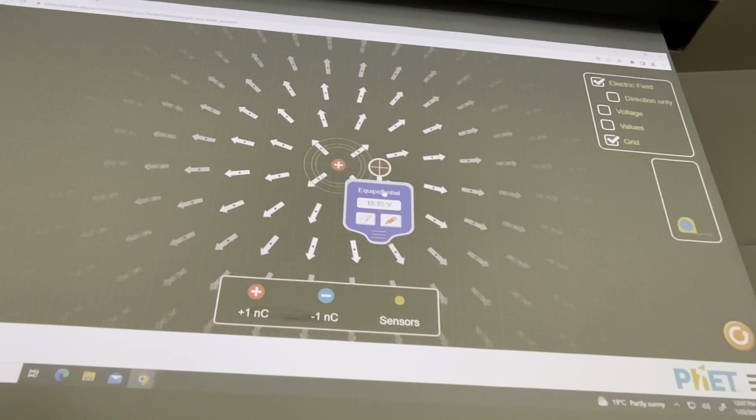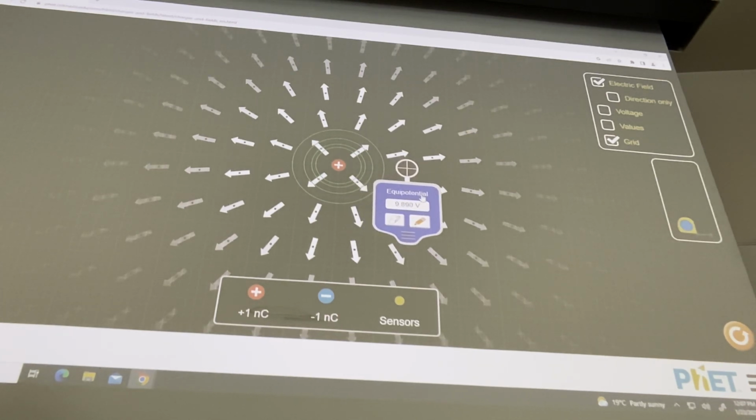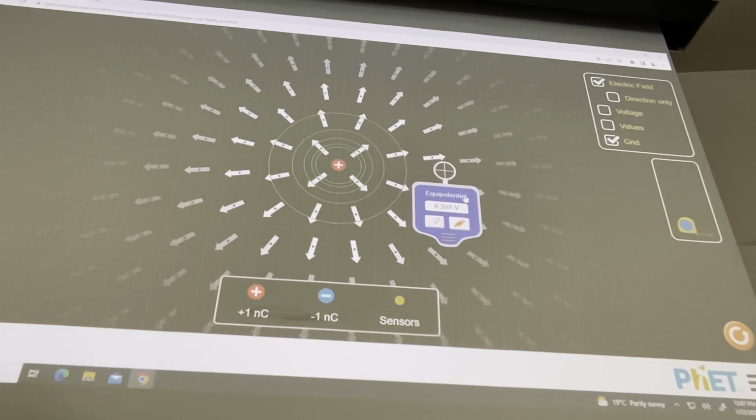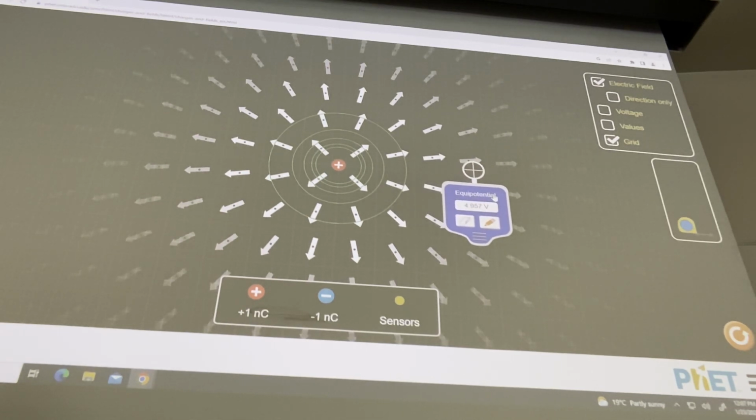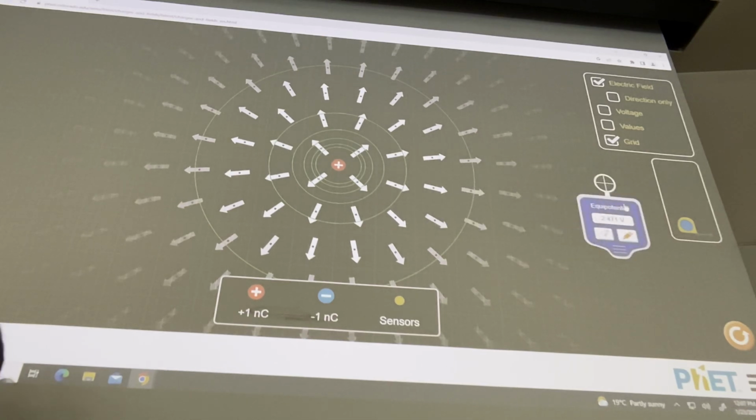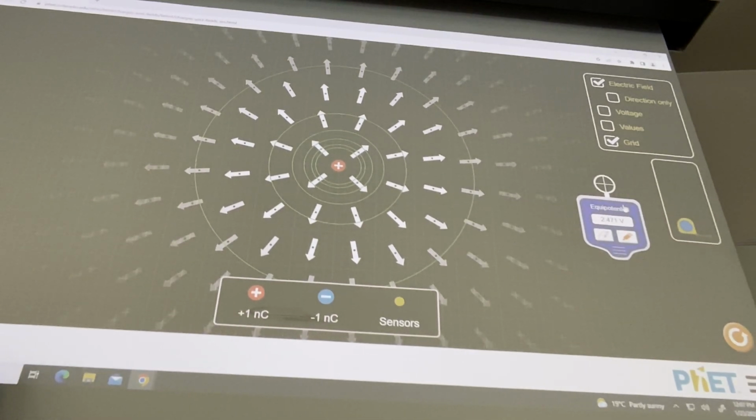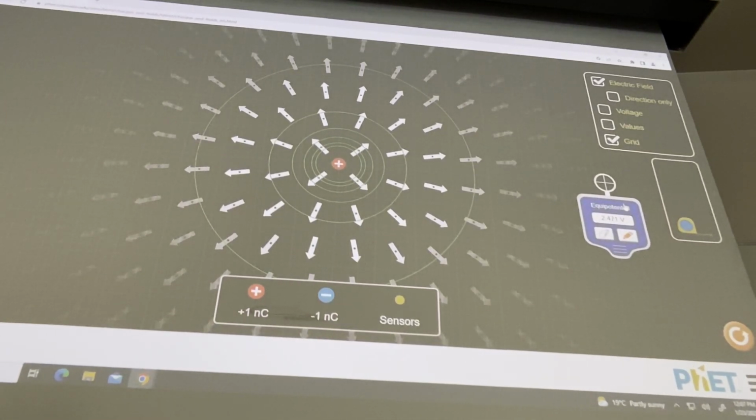So there's my 20. Next I'll do 15, and 10 and 5. Okay, so that shows the equipotential lines around a point charge.